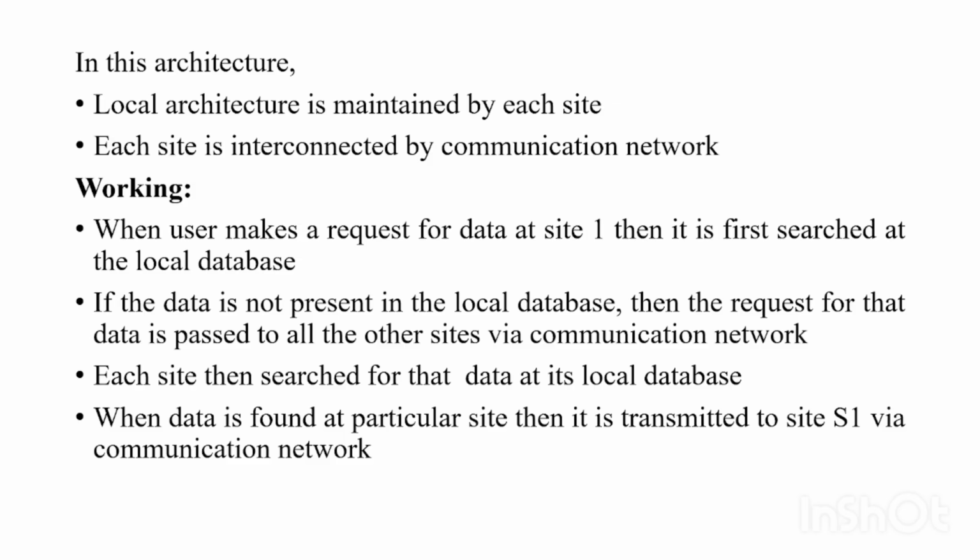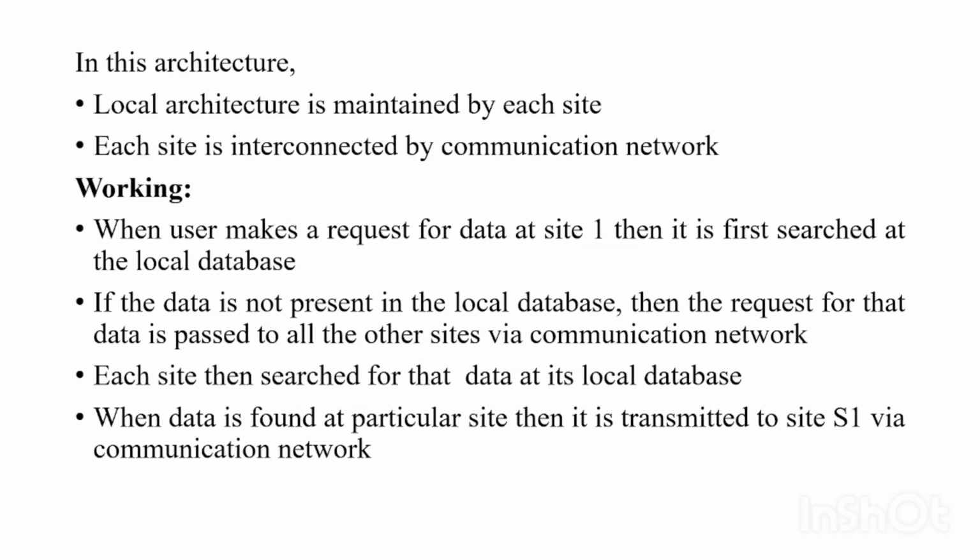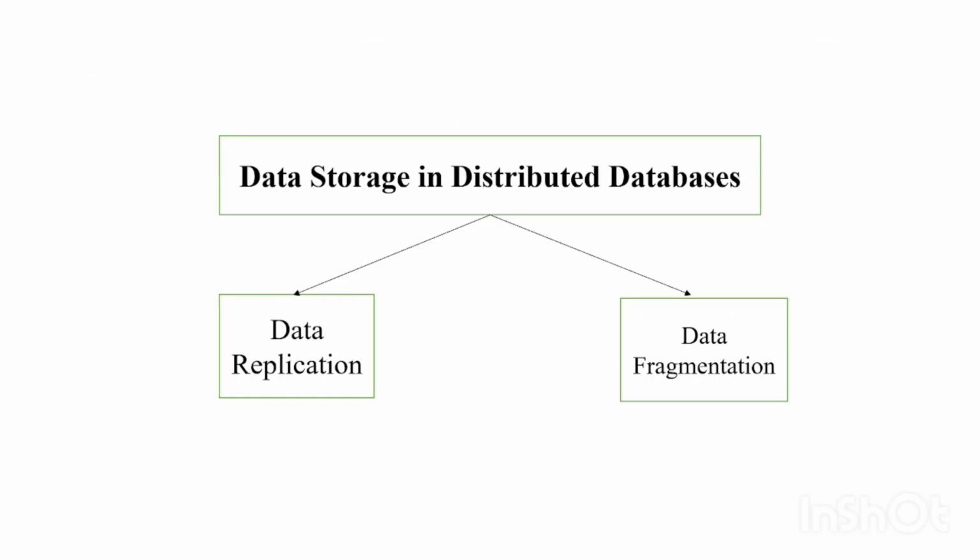If the data is found at a particular site, it is transferred to site 1, which gives the response to the user through the middleware communication network. The data storage is mainly divided into data replication and data fragmentation.